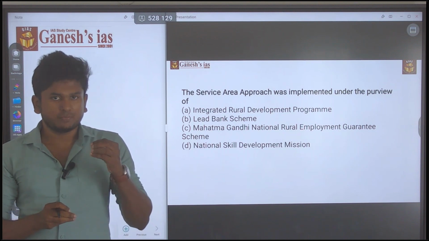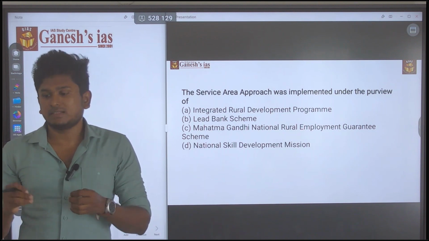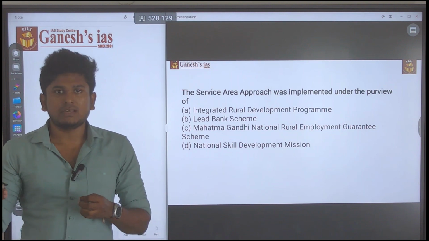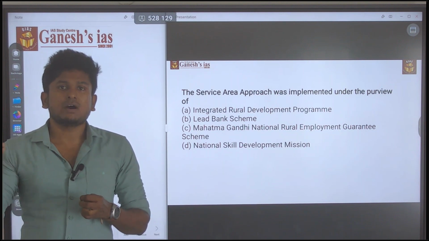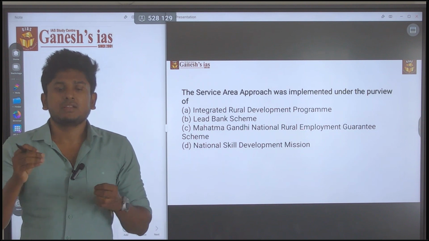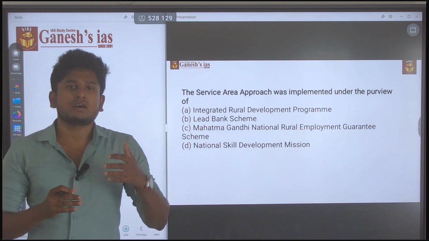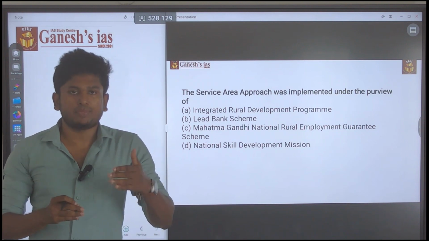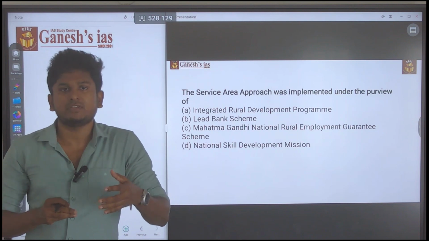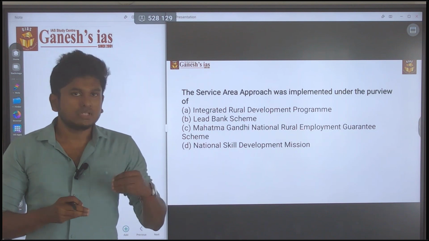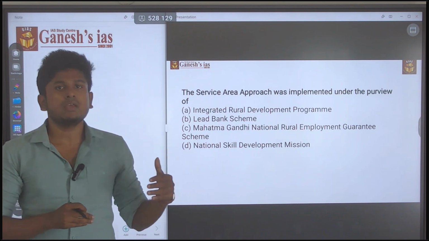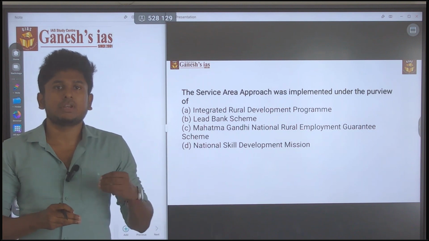For example, consider that in your district the government is asking for certain volunteers, meaning persons who will willingly come forward and do certain activities for the government. The service area approach is also like that only.